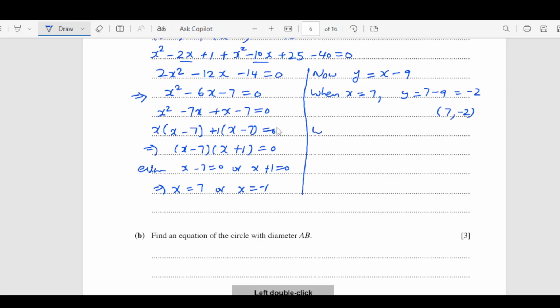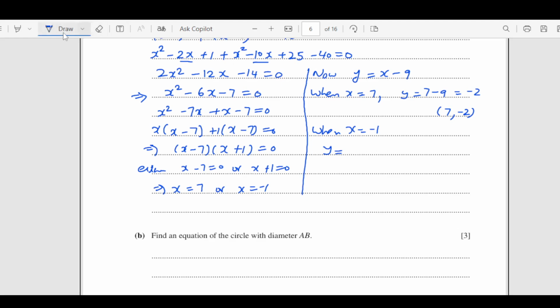And another one, when we have x as negative 1, then this is going to become negative 1 minus 9, that is negative 10.